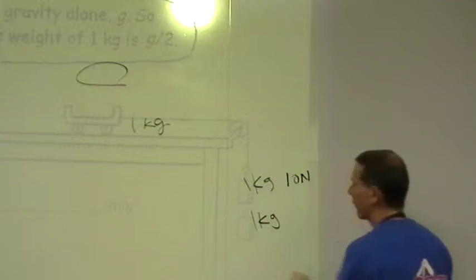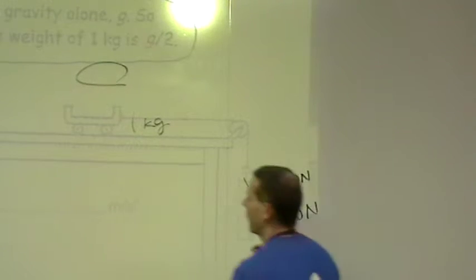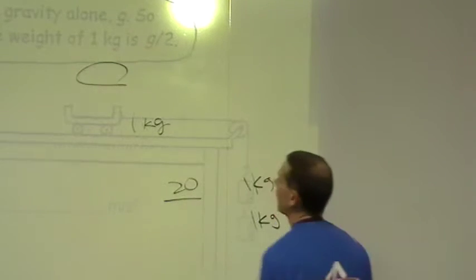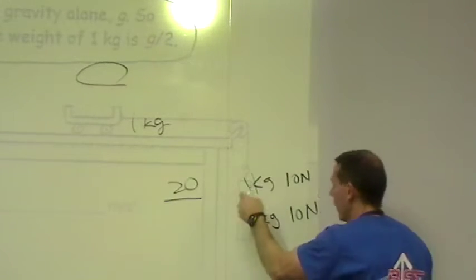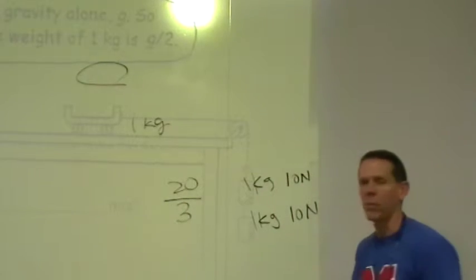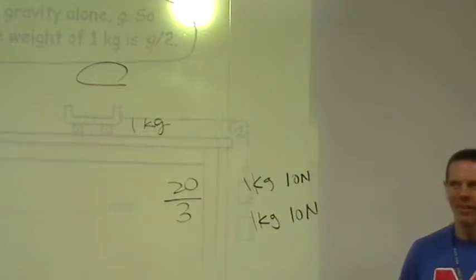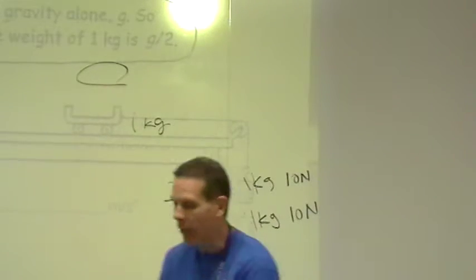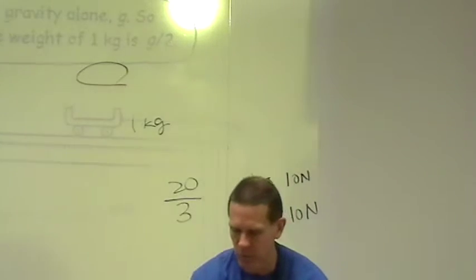How much force is this thing exerting? 10 newtons. Total of 20 newtons. That's why there's a 20 over here. 20 divided by mass of 3, right? This accelerates, and that accelerates, and that accelerates. And that's why they put in 20 divided by 3. And they had you do about 8 examples of that as well. So hopefully that went well. Hopefully that goes well on the quiz, which by the way is not until Tuesday.